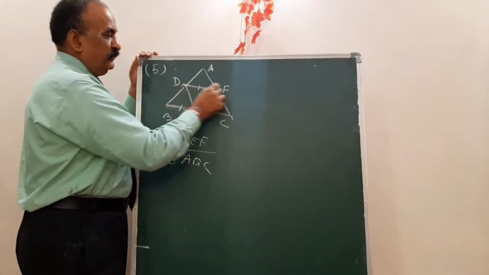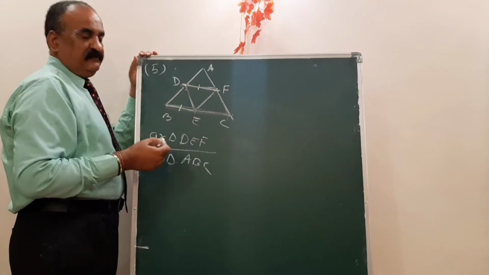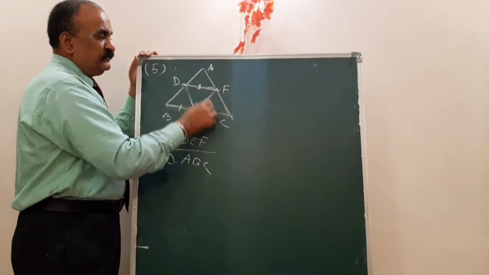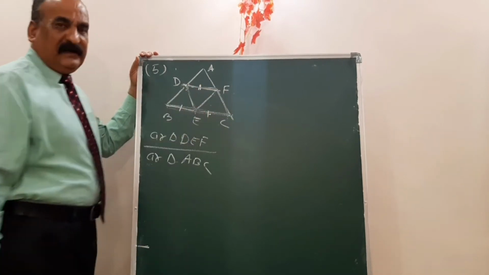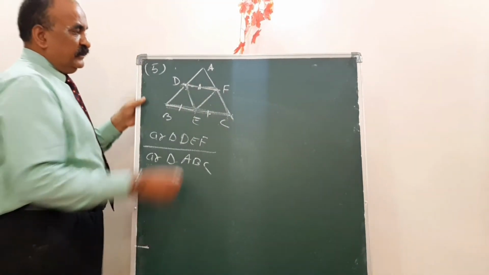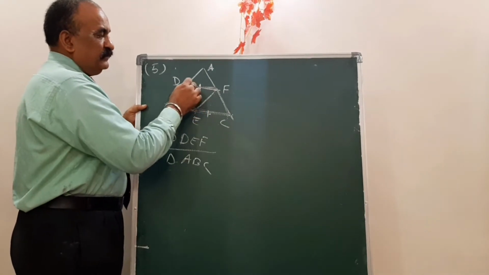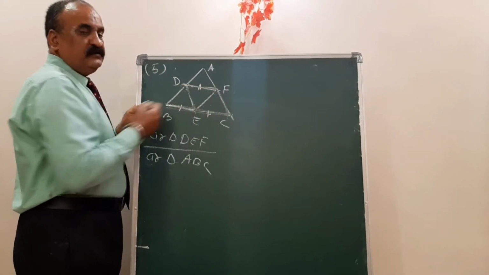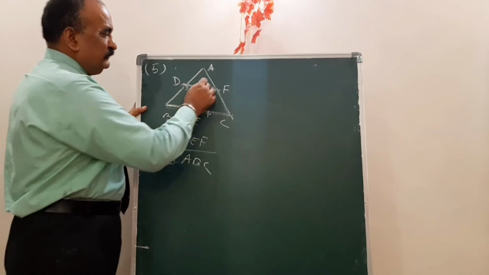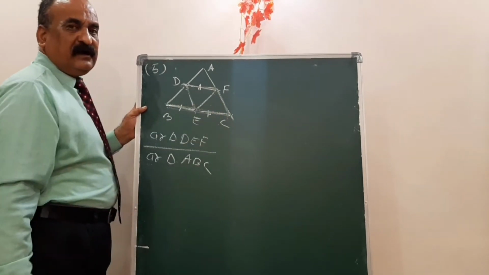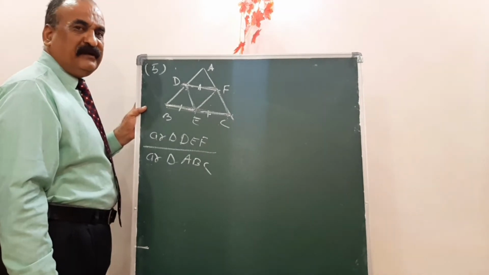Similarly, in this triangle, this is parallel to this. This will also be a parallelogram. It means you can say this side is equal to this side. Opposite sides of a parallelogram are equal and parallel. And this side is equal to this side. Opposite sides of a parallelogram are equal and parallel.